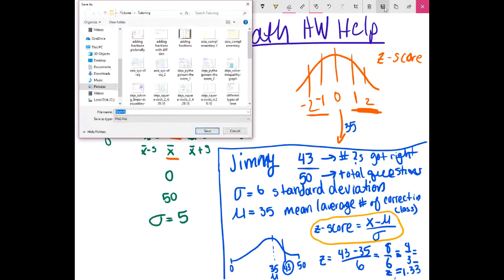This is the z-score for Mara. But you said your name was Miyoshi. I'm going to just save it like that, and then I'll do my last one.